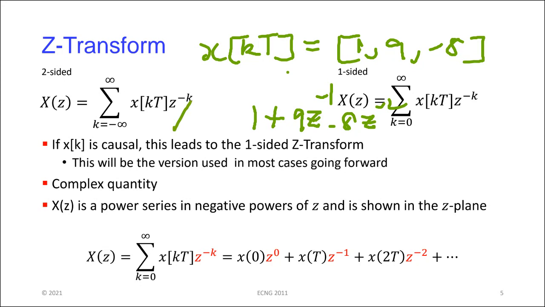So X(z) would be equal to that. As simple as that. Yeah? Look easy? Kind of easier than that, right? Good. No integration or anything. You're expanding.